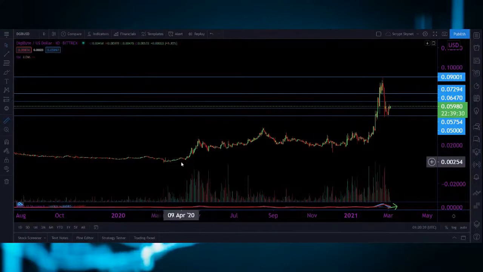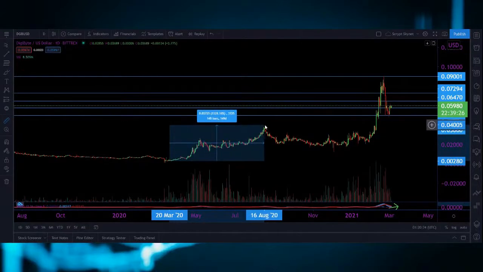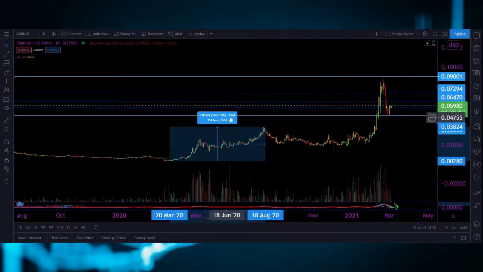So from this bottom to the second top, that was 12 and a half, 1,264%, okay? Right there, you see it from the breakout down here when it started turning around all the way up. So about 12,000% move.